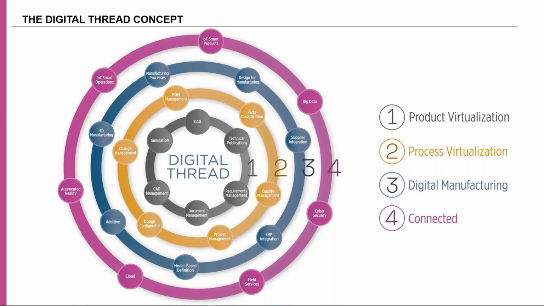Those are the hands-on, immediate things, but then that spreads out to things like BOM management and change management. And then continuous quality is also in there, and project management. From there, we're also coming out to supplier integration. And then design for manufacturing, 3D manufacturing, and from that, we're even going out to IoT products. So how can we go through and weave those different aspects of your overall design process into a quote unquote digital thread?